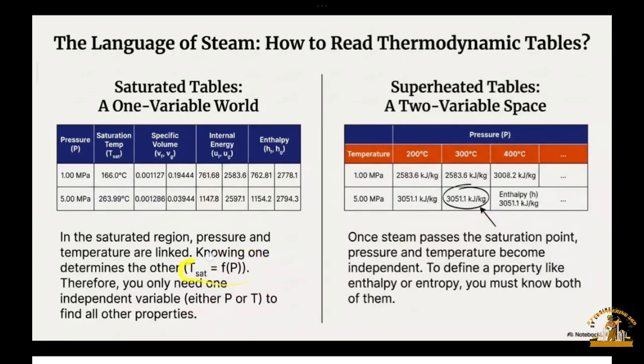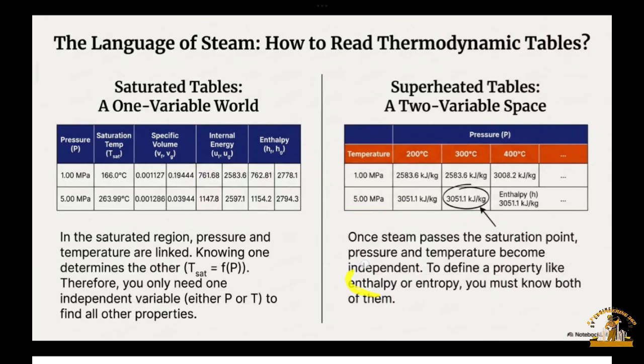So this applies only to the saturated form. Therefore, you only need one of them, T saturated or the pressure, either P or T, to find all other properties.